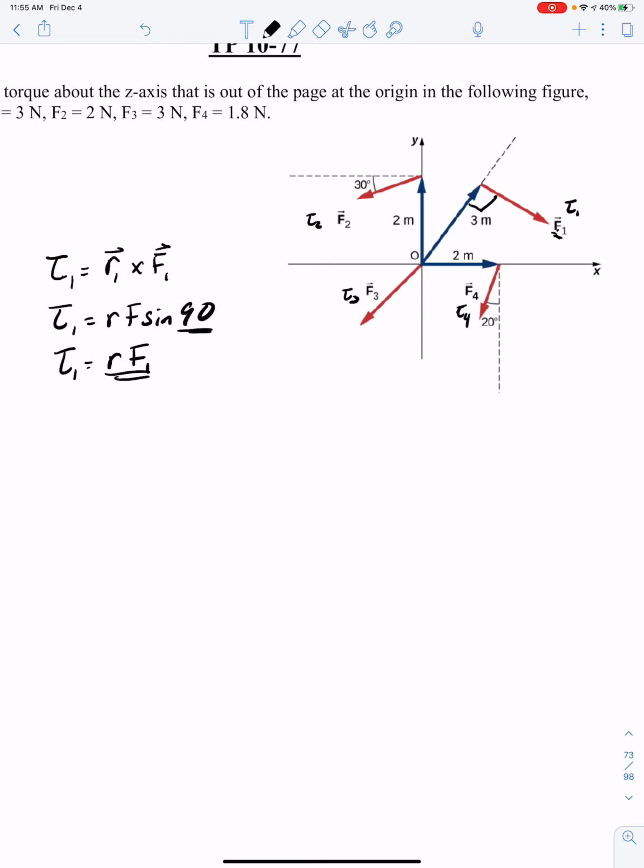Now let's go to torque 2. Torque 2, on the other hand, has an angle. Because it has an angle, the force component here that we want, because we want it to be perpendicular, is going to be a little bit less than the magnitude for F2.